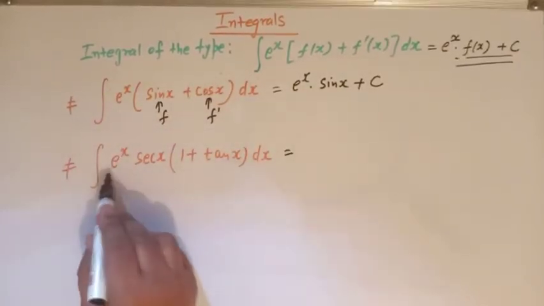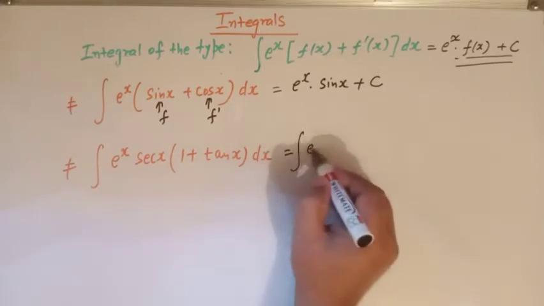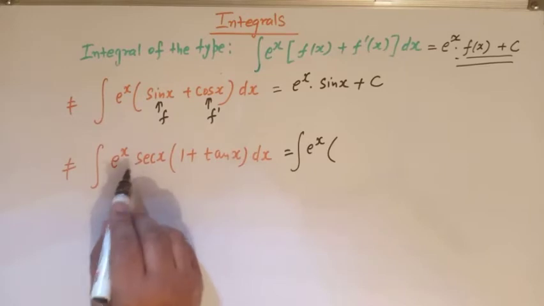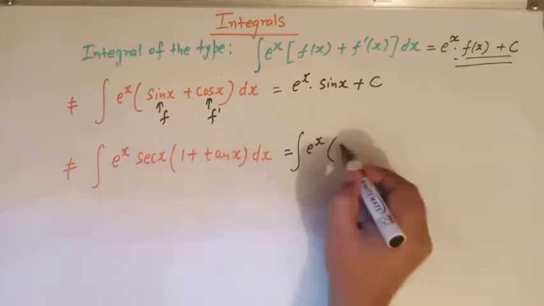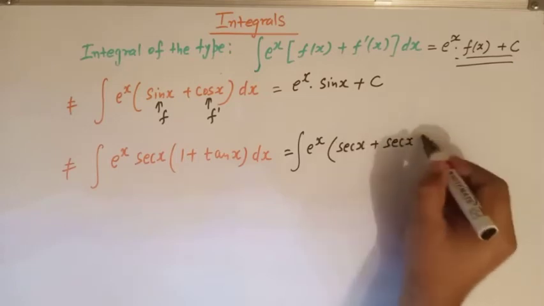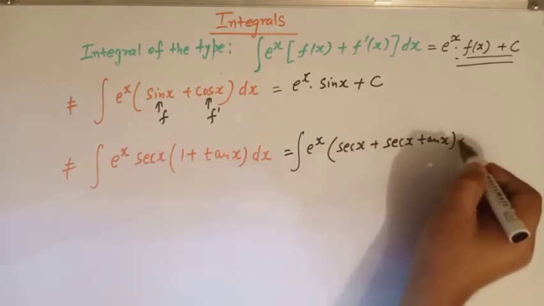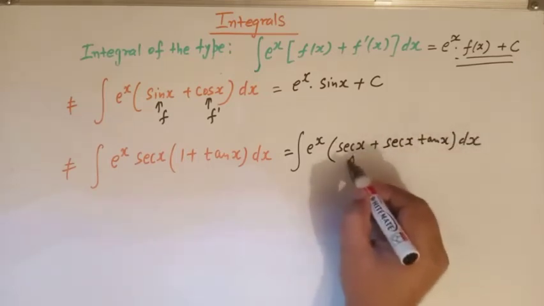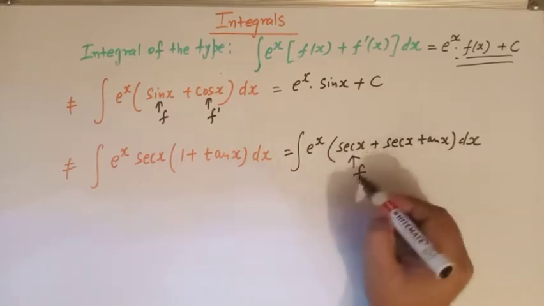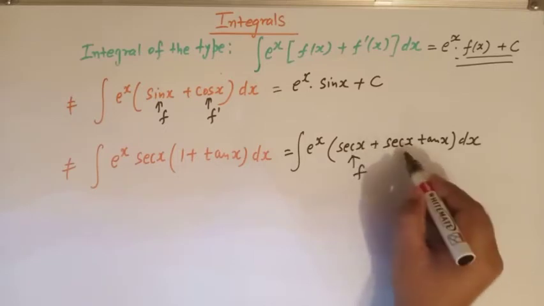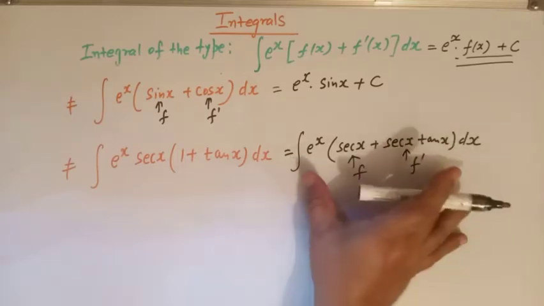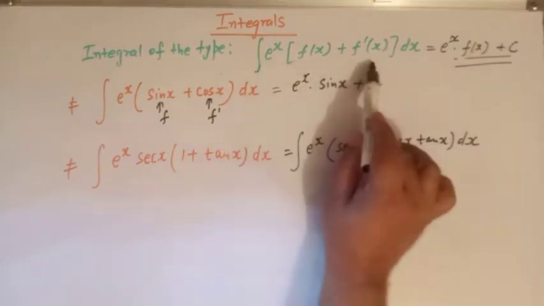Similarly here we can write it as e raised to x, and if we multiply these two terms by sec x, we have sec x plus sec x tan x. Clear? Now if we assume that f is sec x, then the derivative of sec x is sec x tan x. So this integral is also of this form. Clear?